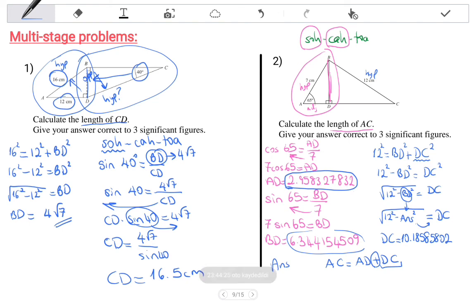You're going to press each button to write it on your display, and press equal sign to get another long number for AC. You will see the long numbers and do approximation as wanted in the question. So whenever you do approximation correct to 3 significant figures, you will have 13.1 as a final answer.